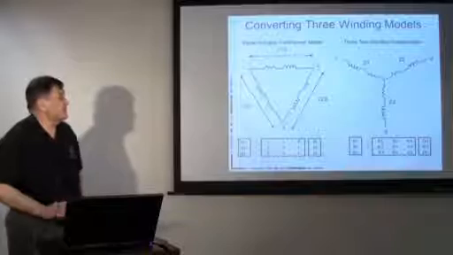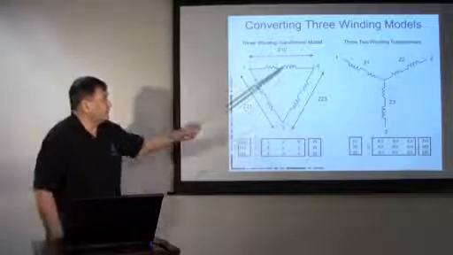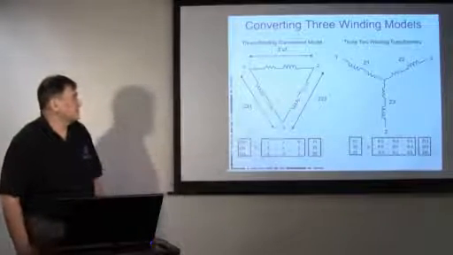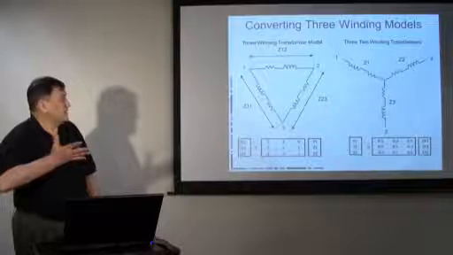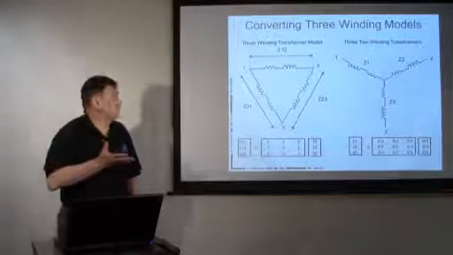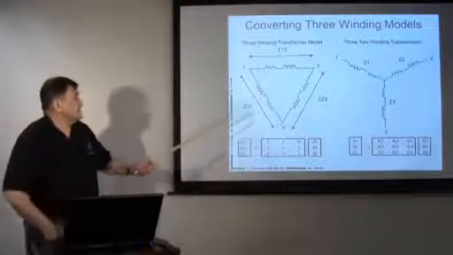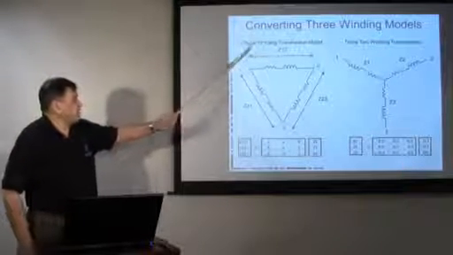Okay, so that covers specifying taps for the windings. There's one other thing you'll often run into: if we have a 3-winding transformer, the way they specify the impedances is, imagine that you're doing an open circuit test.